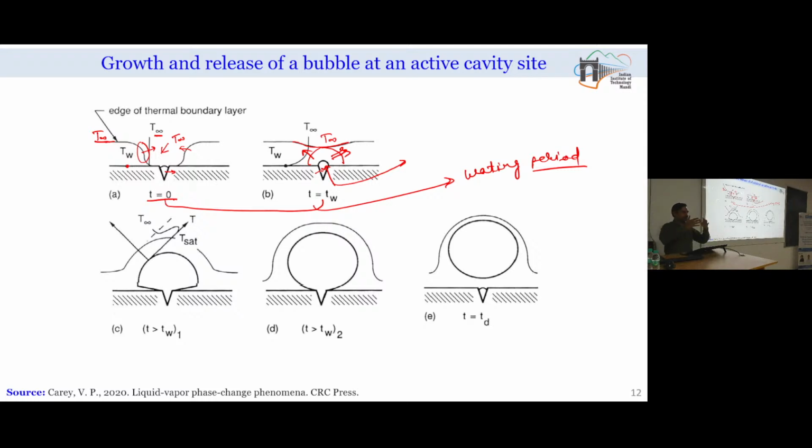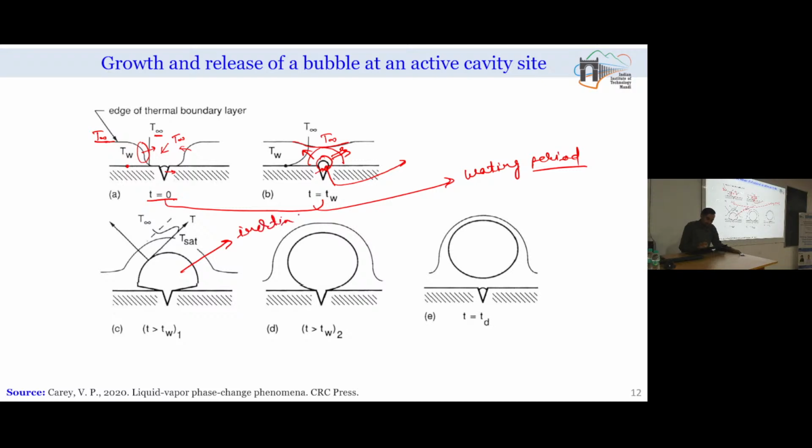Whenever we have something stationary and we have to displace it, that stationary thing tries to remain at its own location, and if we need to move it, we need to push it. In a similar way, if this liquid has to be moved away by the growing vapor bubble, the liquid inertia has to be overcome.